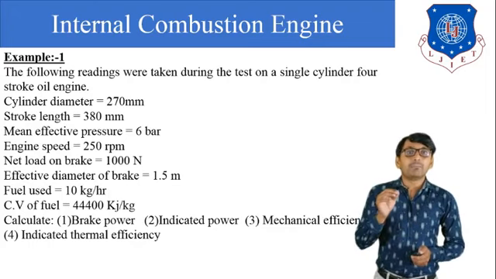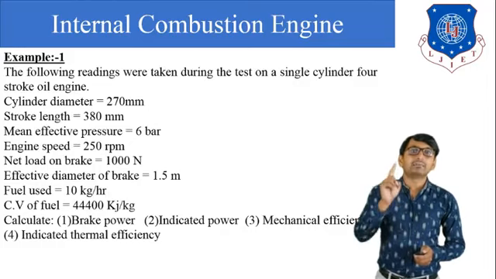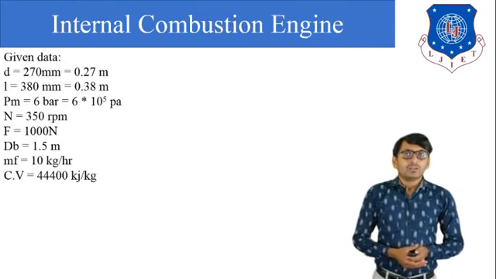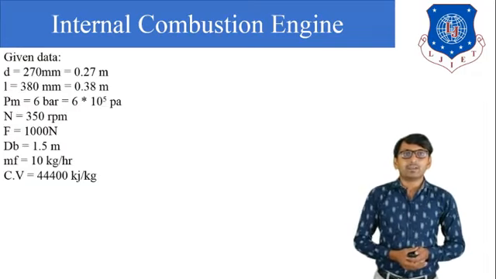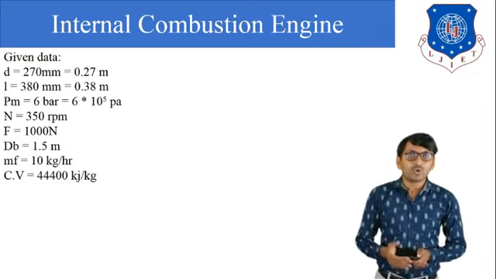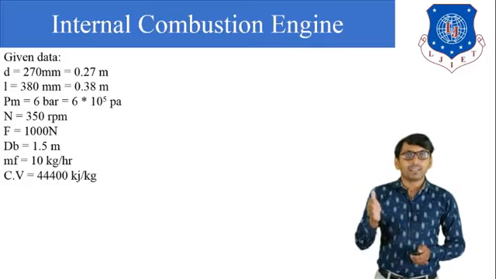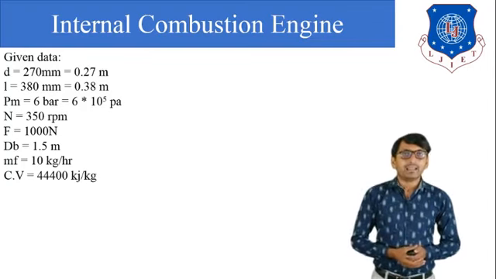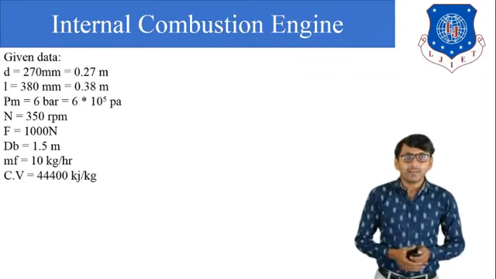Now, what do you mean by mechanical efficiency? The ratio of brake power to the indicated power, that is mechanical efficiency. Now, in this example, given data, that is diameter 270 mm, so 0.27 meter, because we convert mm into meter by dividing by 1000, and L 380 mm, 0.38 meter.